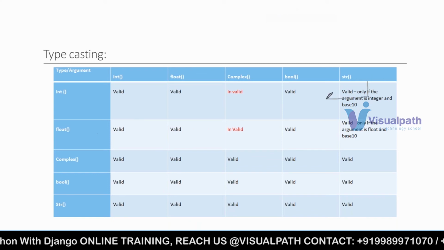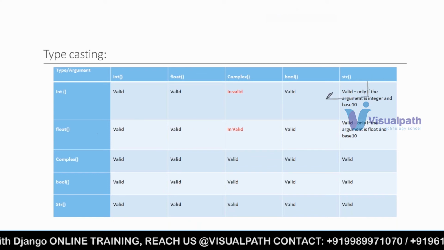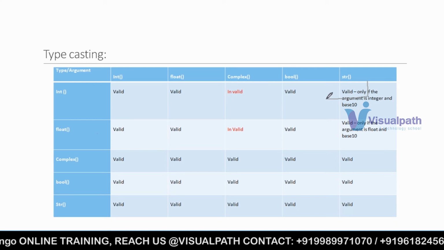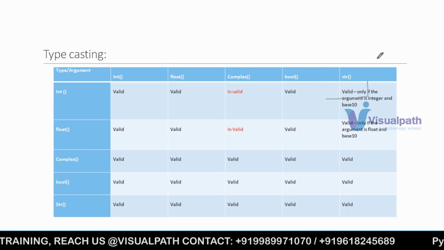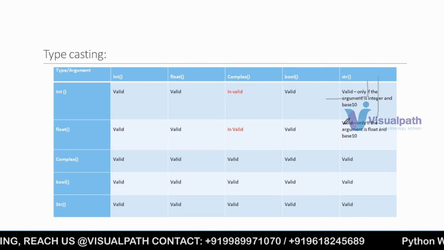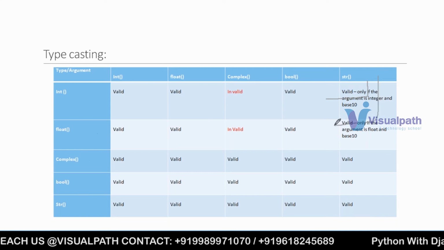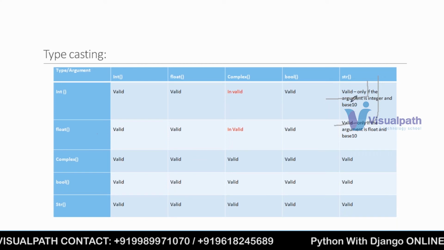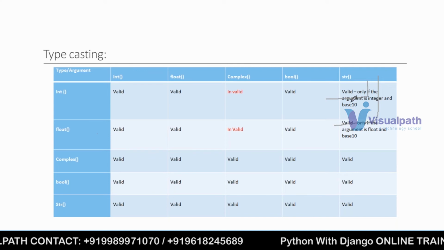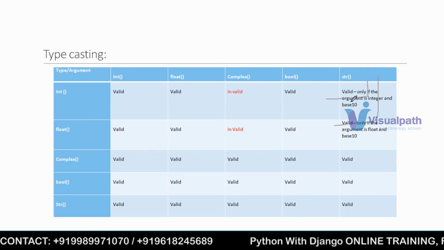String to integer is valid, but only if my string has only numerical data. String to float we can also convert, but only if my string has only numerical data. If my string has character data, we can't convert because it is not following the rules of integer and float.